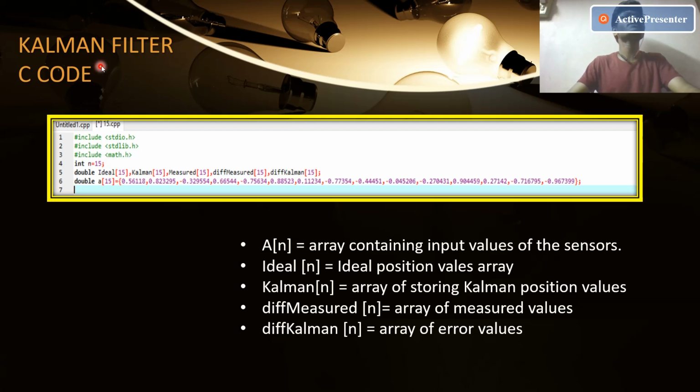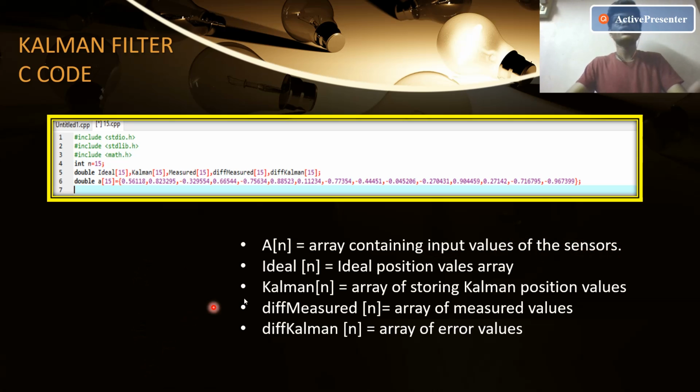Coming to the Kalman filter code, this code was implemented in Dev C++ using the C language. Initially we imported the libraries stdio.h, stdlib.h, and math.h, and we declared a few variables as well as a few arrays. The input of our code will be the array containing the input values of the sensors.